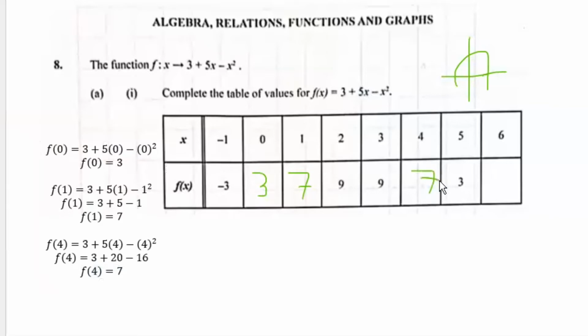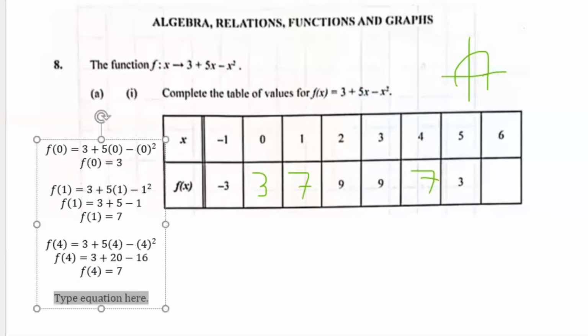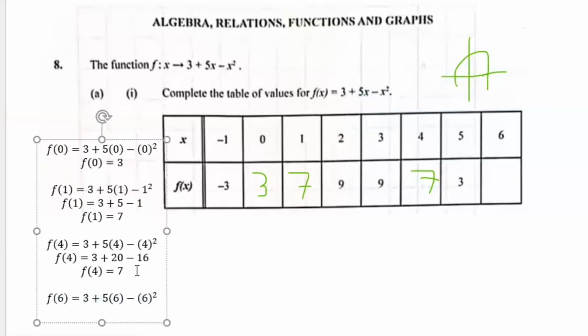Now going on to f of 6. Same procedure, f of 6 is equal to 3 plus 5 times 6 minus 6 squared. So f of 6 is equal to 3 plus 5 times 6, which is 30, minus 6 squared, that is 36.